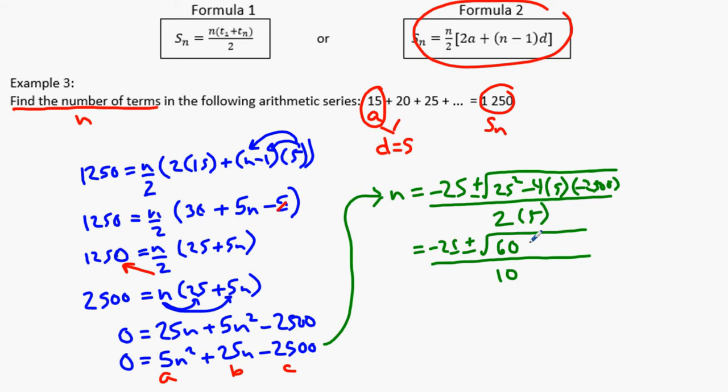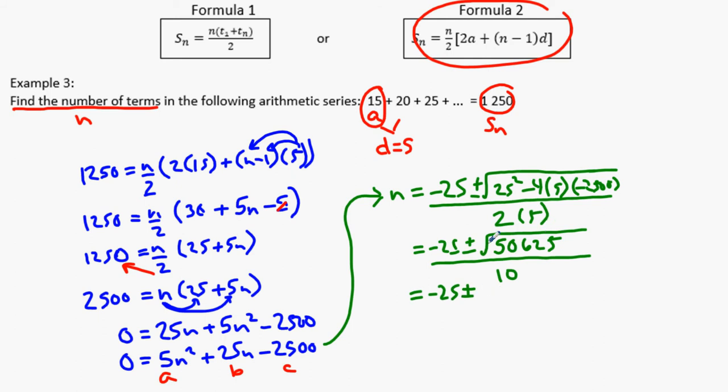If you want to fast forward through the next 30 seconds, I'm sure you're going to be fine. 25 squared minus 4 times 5 times negative 2,500. And this gives me 50,000. So that was a bit embarrassing. Let's try this again. 50,625. There we go. So negative 25 plus or minus the square root of this.